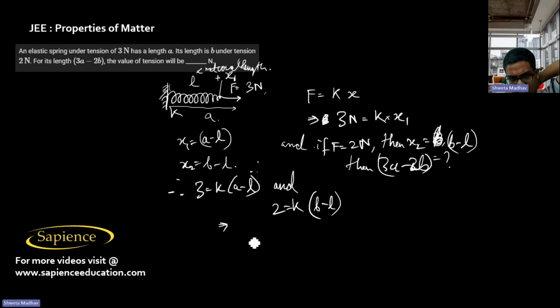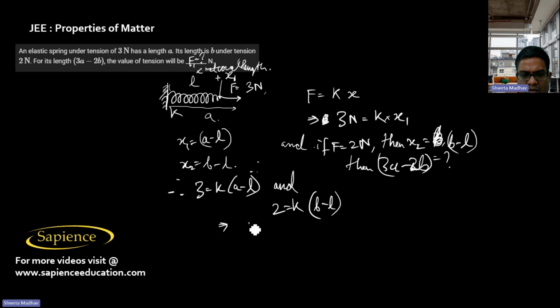Therefore we have to find out, when the length is 3a minus 2b, how much the tension will be, means the force F1, that we have to find out.